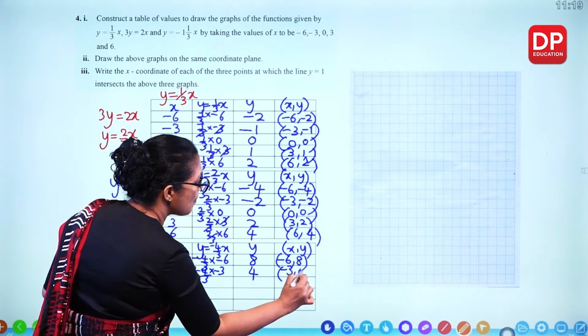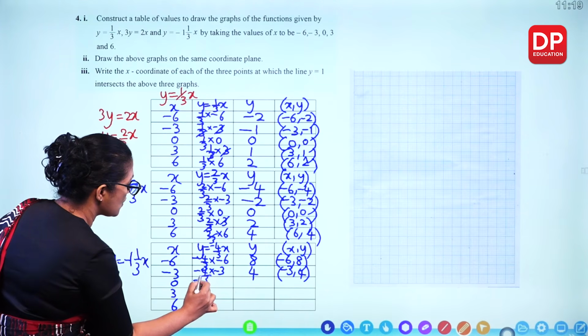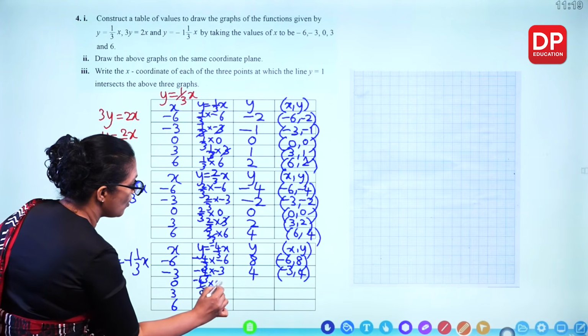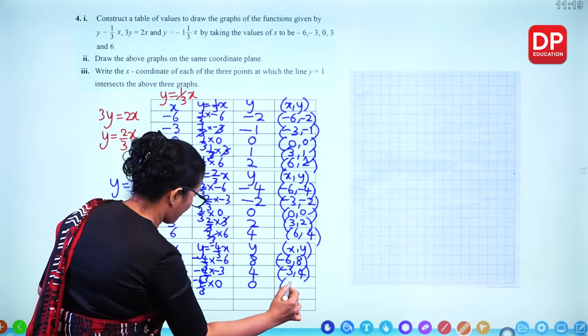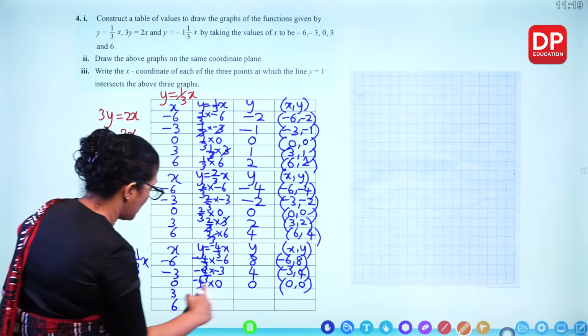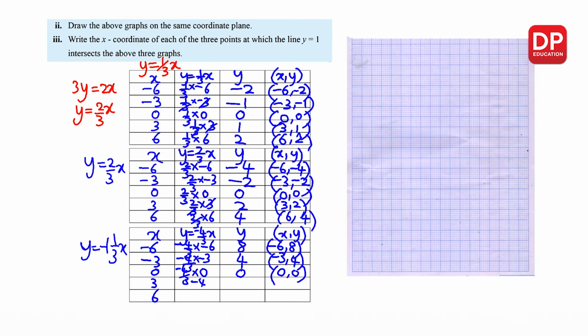Minus 3, plus 4. Minus 4 over 3 into 0, that's 0. 0, 0. And here substitute 3, you get minus 4. 3 and minus 4. Last one, substitute 6, minus 8. 6 and minus 8.